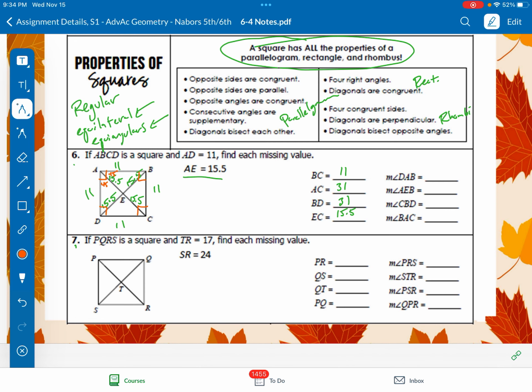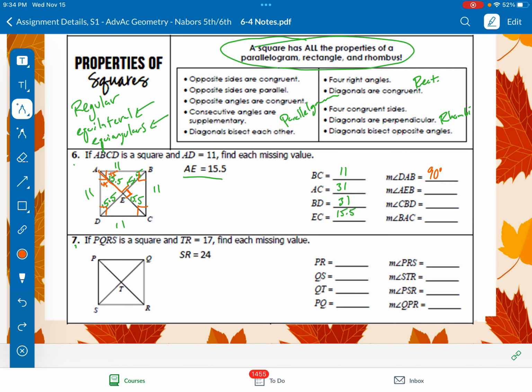And the last thing we know is that since it's a rhombus, the diagonals bisect each other, but they are also perpendicular to each other. So now having all this information, our answers are probably all going to be either 90 degrees or 45. Let's see. DAB, that's 90 degrees. That's just the corner. D to A to B, that's 90 degrees.